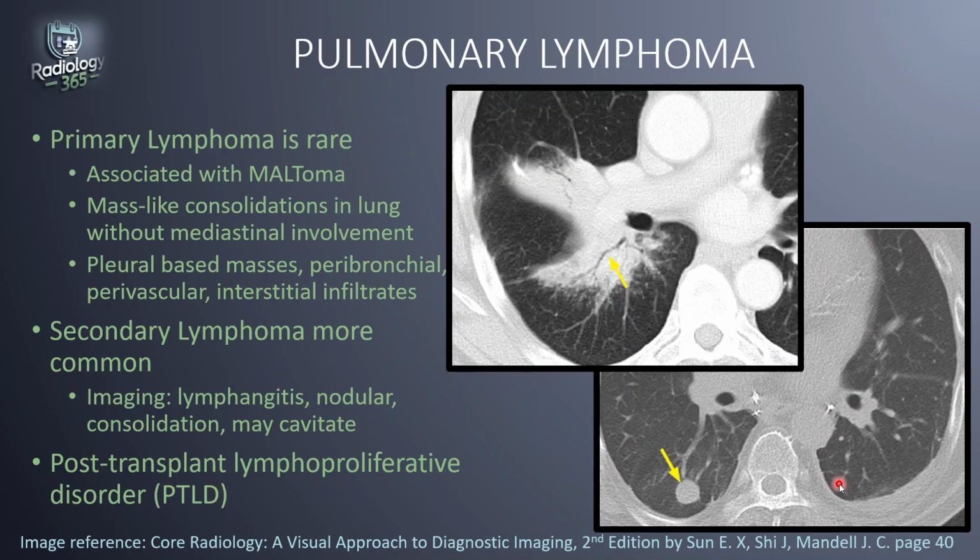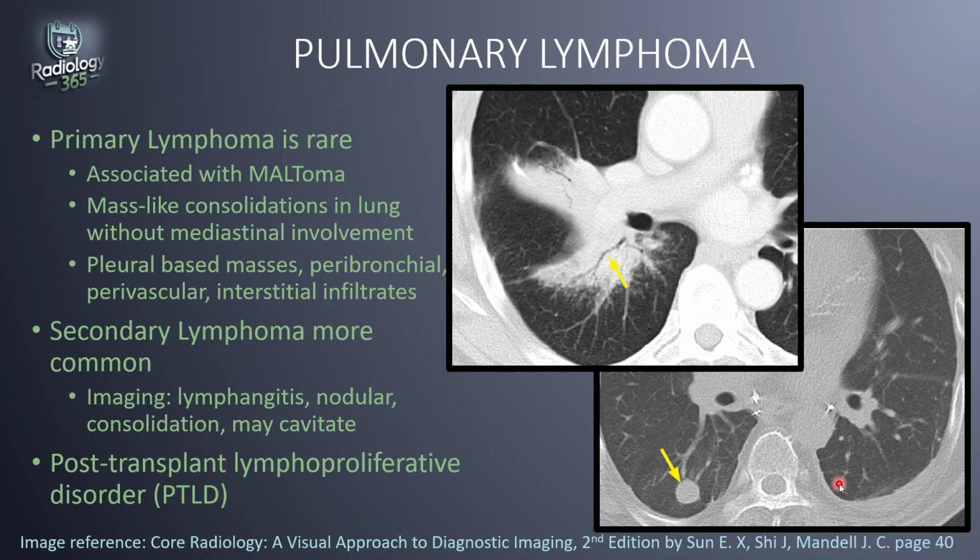Now, there's another entity here that we would call post-transplant lymphoproliferative disorder, PTLD. This presents as a new pulmonary nodule in a patient after a solid organ transplantation. In this case, lymphadenopathy is also usually present.